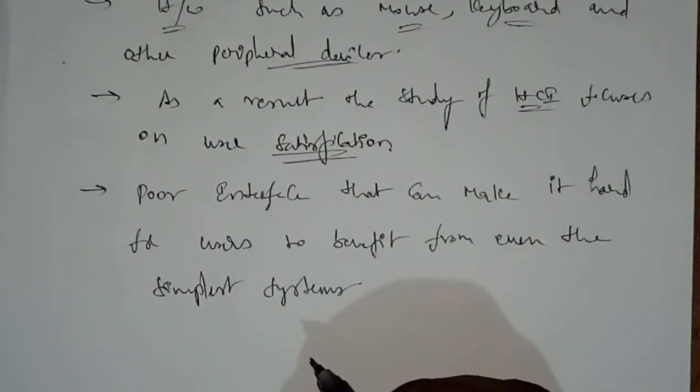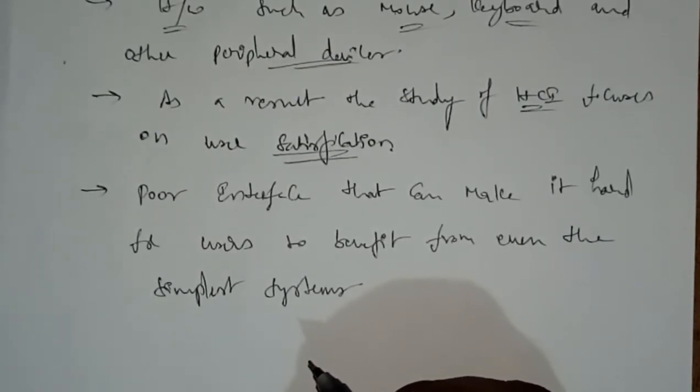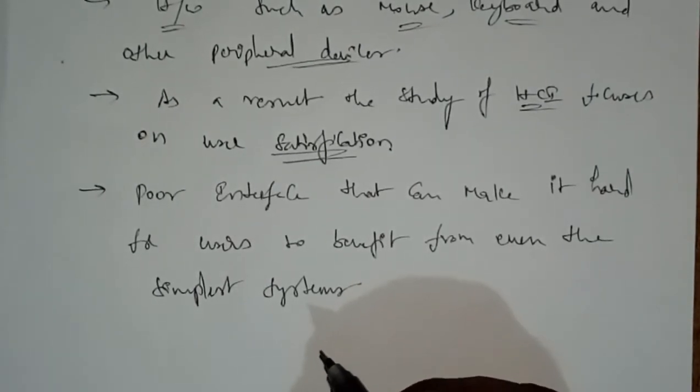So while designing human computer interaction, we have to take the utmost care so that it will be very helpful for the users, so that they can easily use the user interface.